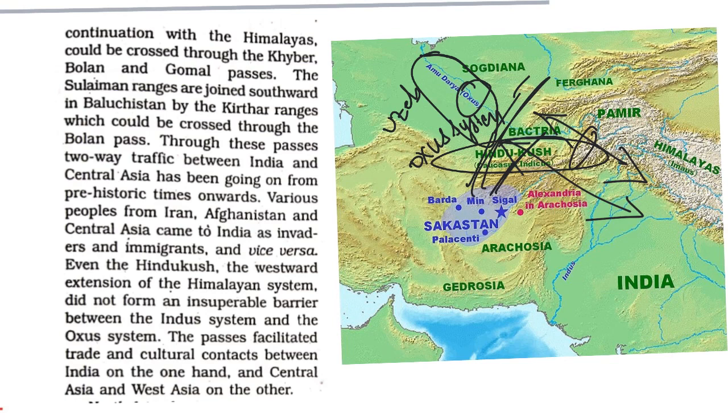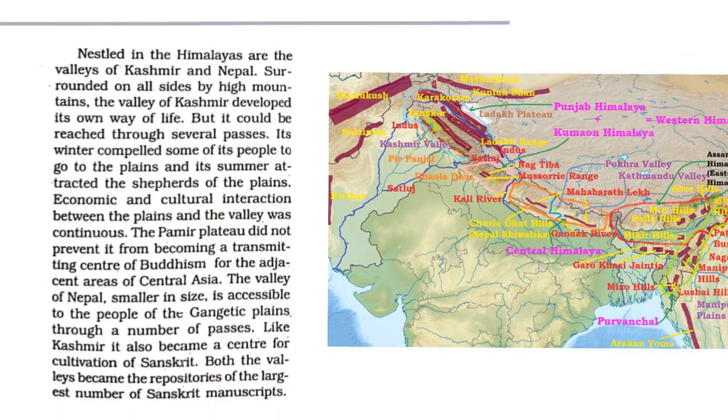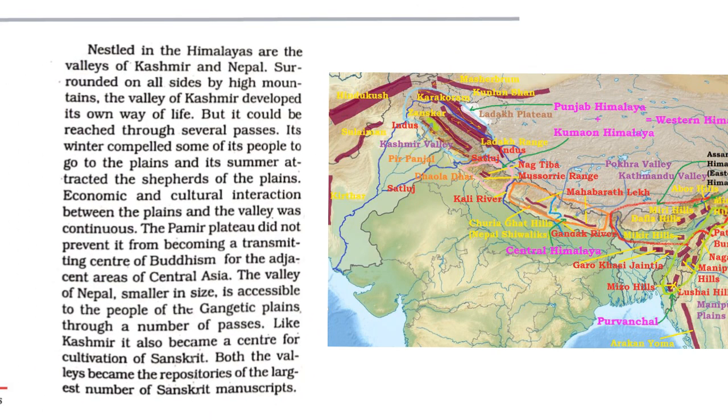These passes facilitated trade and cultural contacts between these two regions. So this was a part in the northwestern part of our country where these passes and ranges have provided importance for our history.